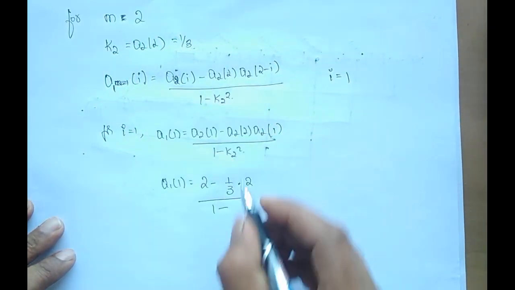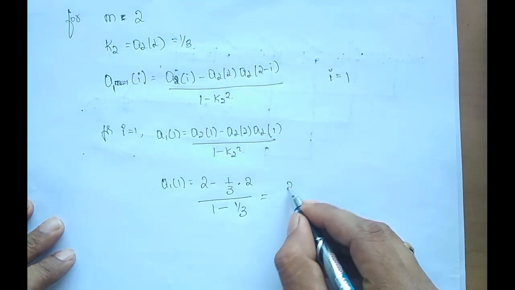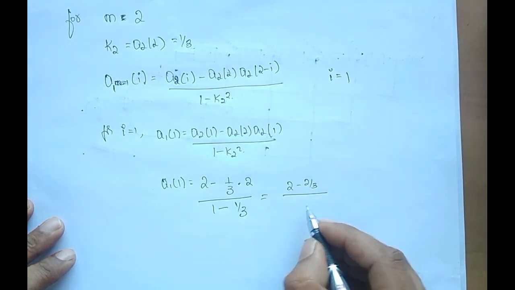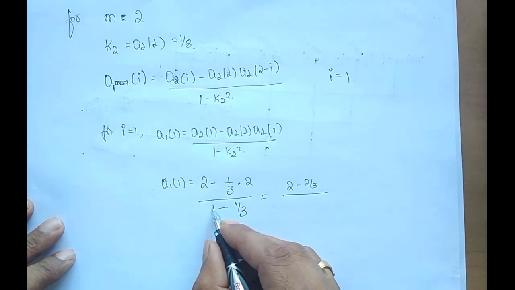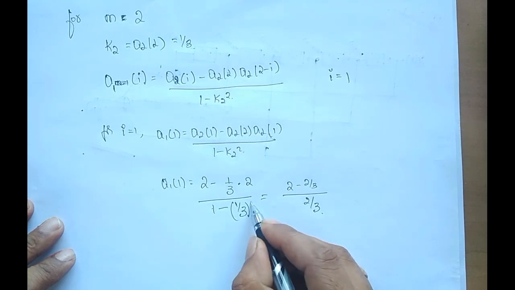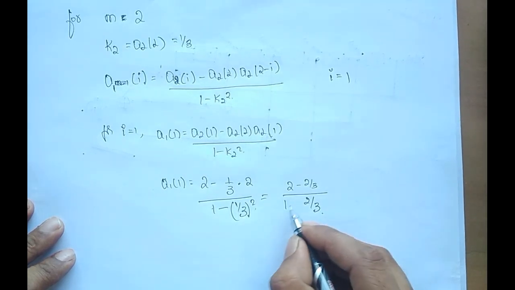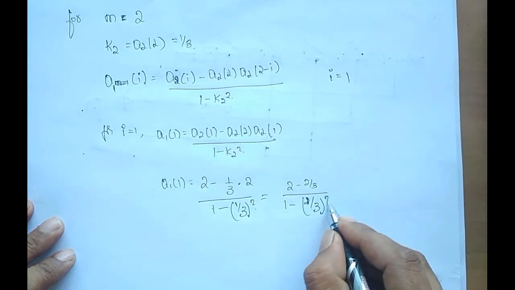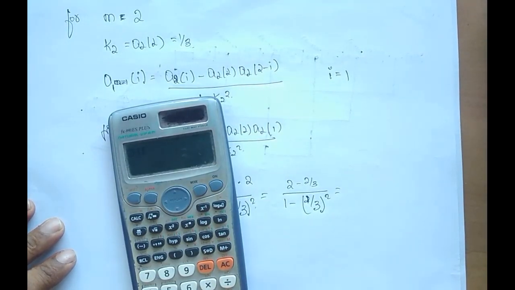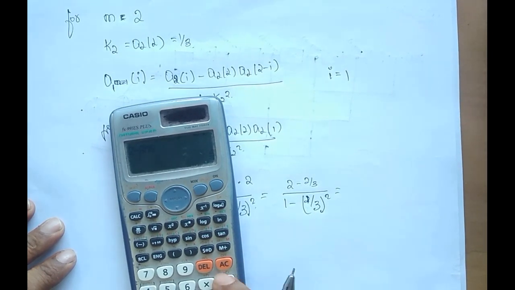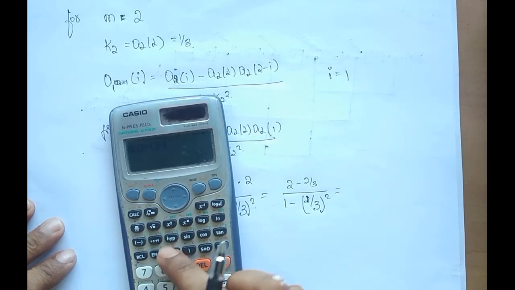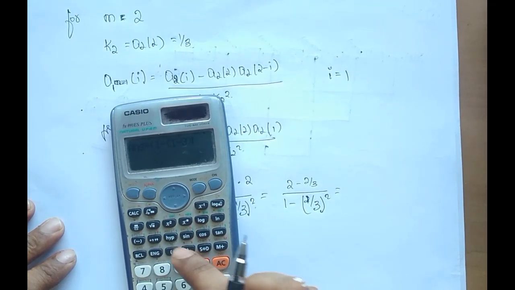What is the value of k2? k2 is 1 by 3. This is equal to 2 minus 2 by 3, divided by 1 minus 1 by 3 square. So 3 minus 1 is 2 by 3. This is equal to 2 by 3 divided by 1 minus 1 by 3 square.